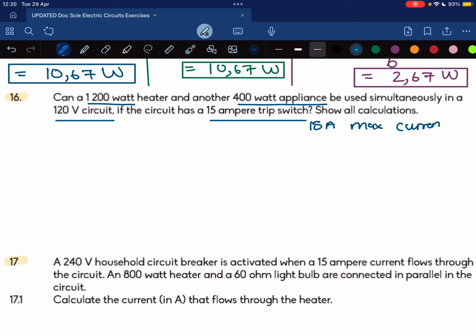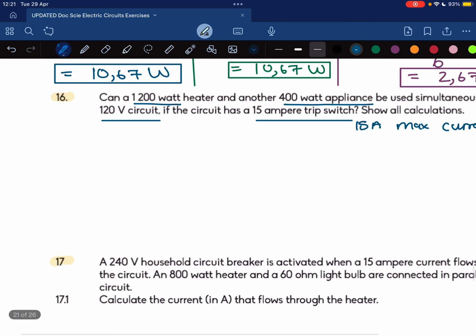So if the current had to exceed 15 amps, then the switch trips, meaning that it switches off for safety reasons. So let's start by thinking, we want to use a 1200 watt heater and a 400 watt appliance. That means that the power is used at the same time.